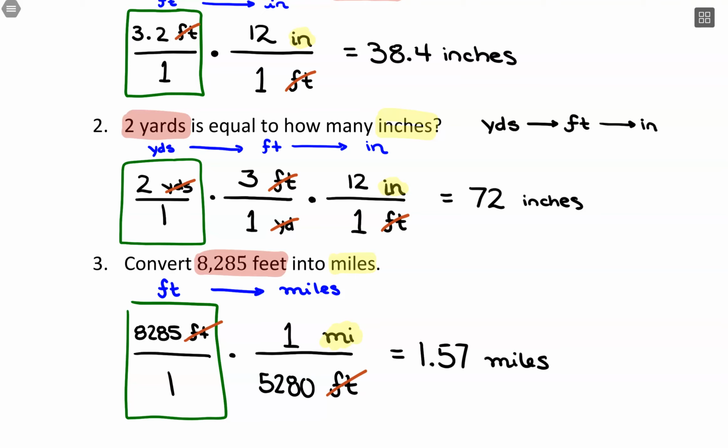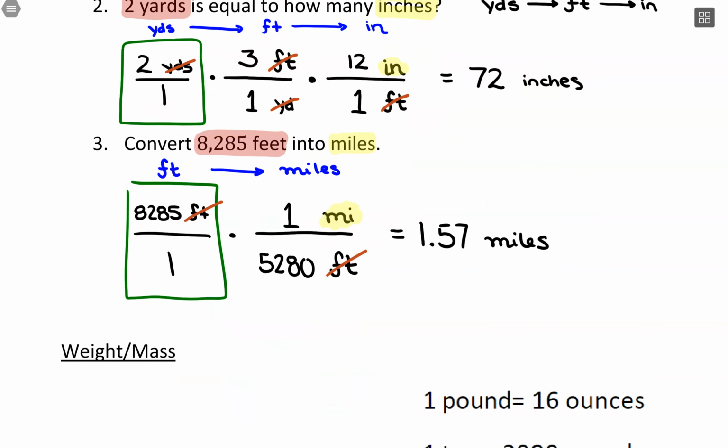So with that, I want to see the setup of this work and your calculation to the end, but you have the internet available to you. Use it to check your work. Make sure that it is right. Plug into Google, convert that, and it should say 1.57 miles. So while you have other resources that are faster, part of this is showing that you would know how these conversions are working if you had to do them by hand.